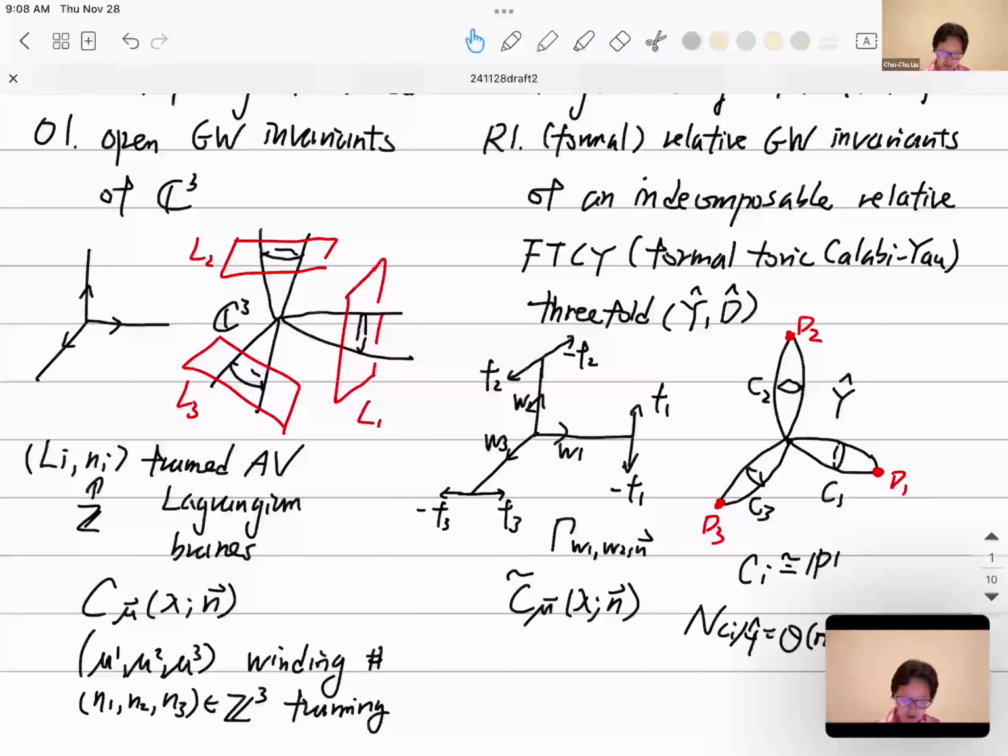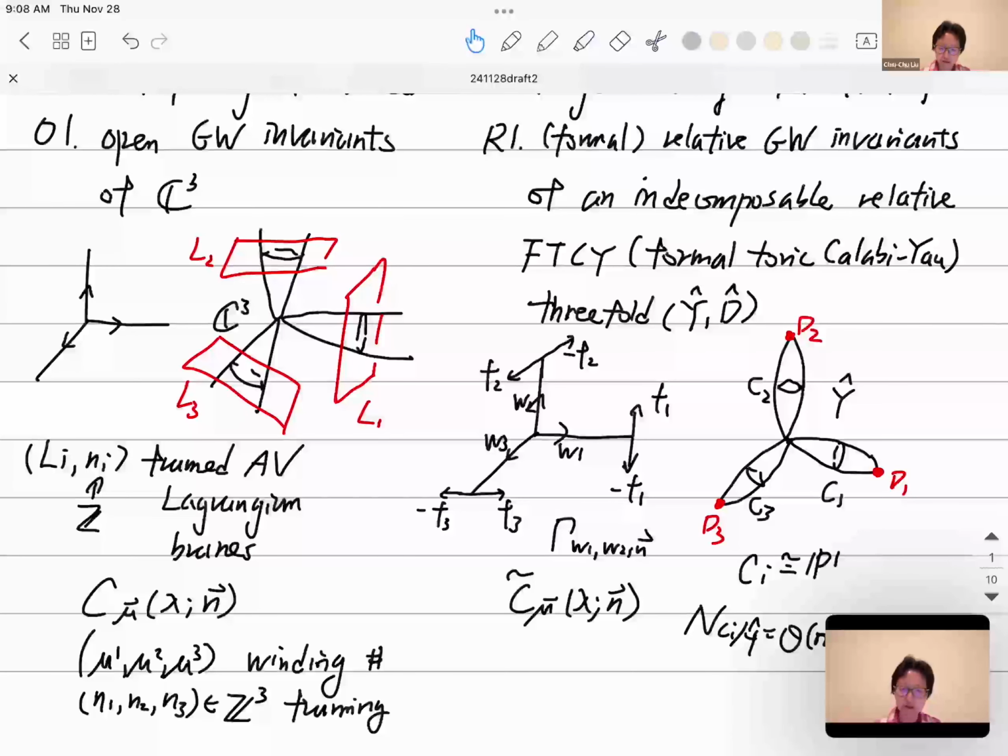To define this, we can form the moduli space of such maps, and we can use the compact Calabi-Yau torus to define the invariants by localization. But if we do that, we won't be able to get a general framing depending on 3 independent integers.